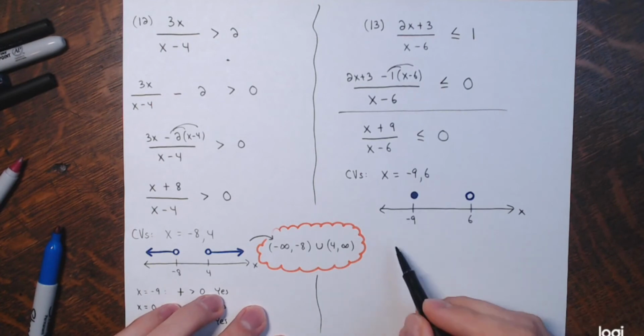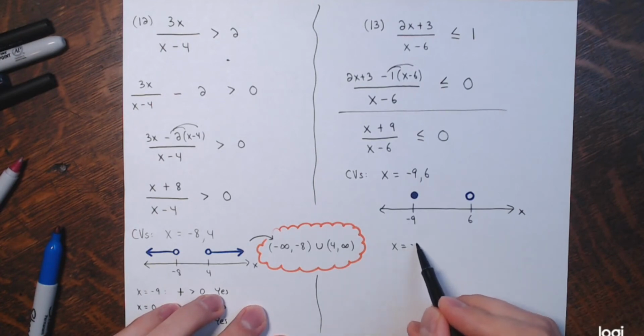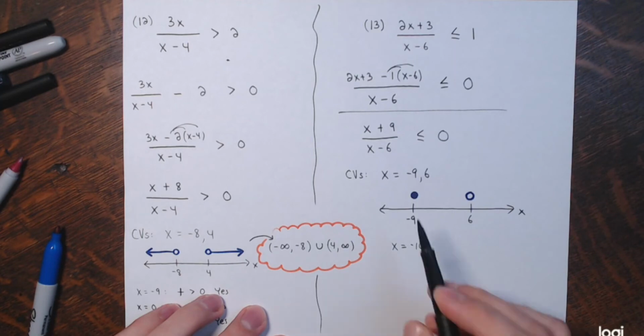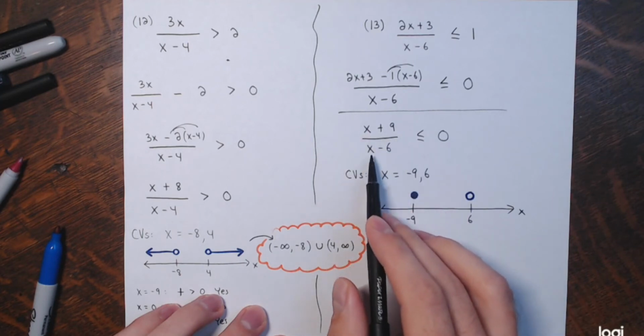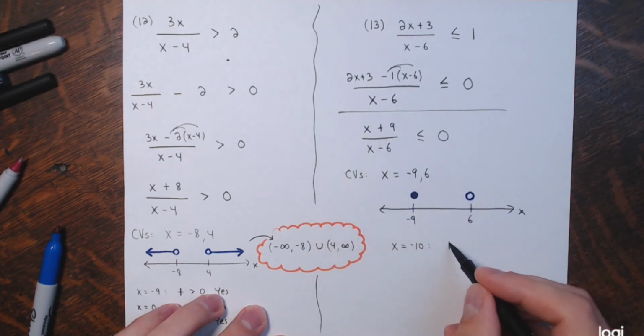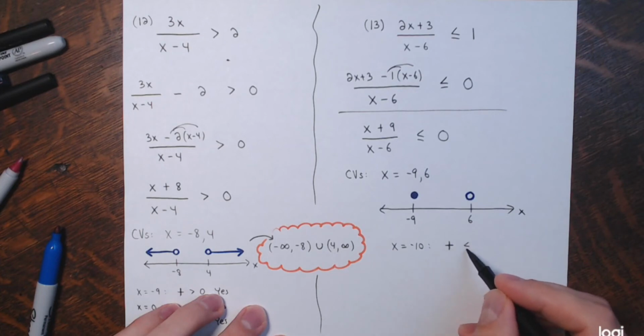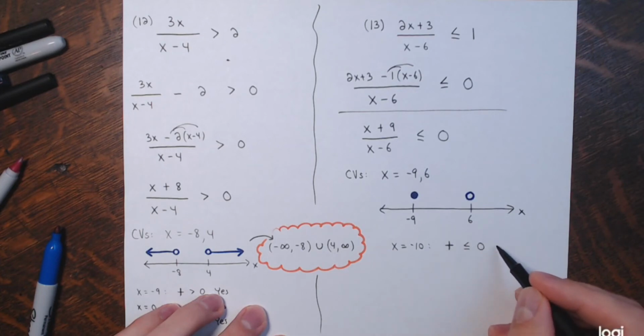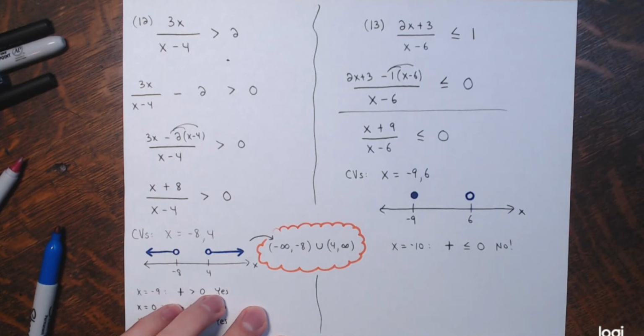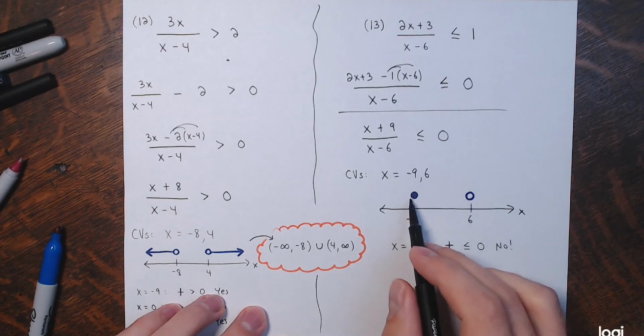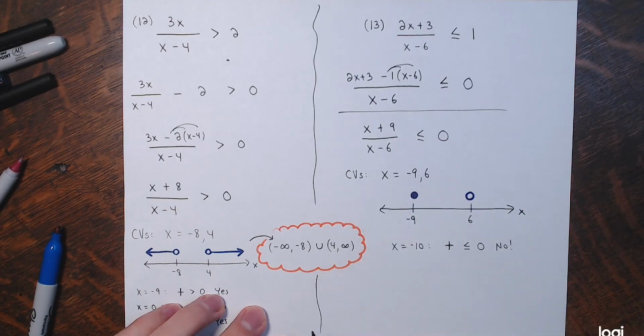To the left of -9, how about -10? The numerator would be negative, the denominator would be negative. We'd have a positive number on the left. Is less than or equal to 0? That's false. Alright, a positive number is not less than or equal to 0. It's greater than 0. So no solutions to the left of -9.